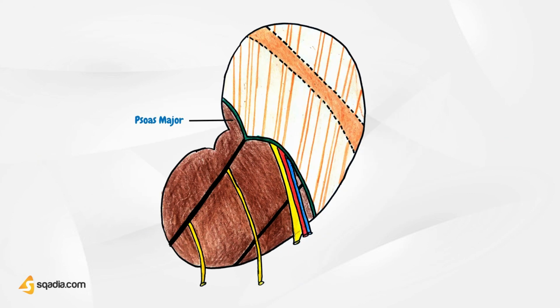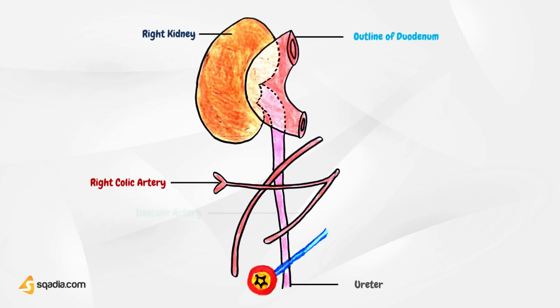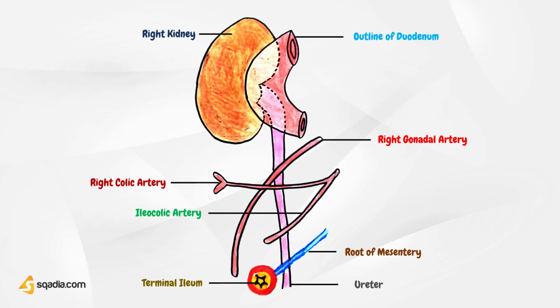Now, let's discuss the abdominal part of ureter. Anteriorly, on the right side, the ureter is related to third part of the duodenum, right colic vessels, ileocolic vessels, gonadal vessels, root of the mesentery, and terminal part of the ileum.